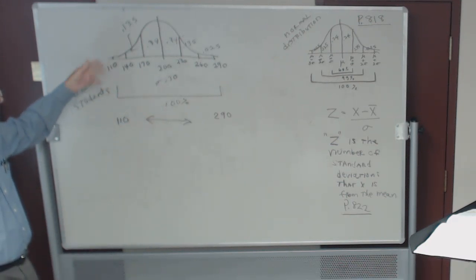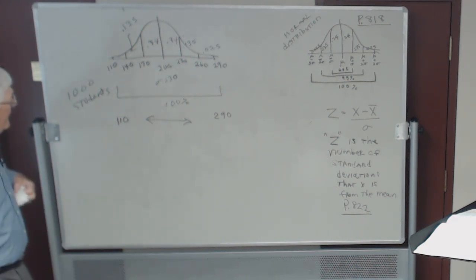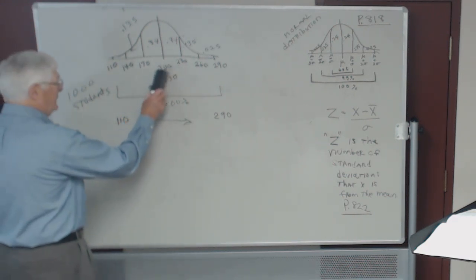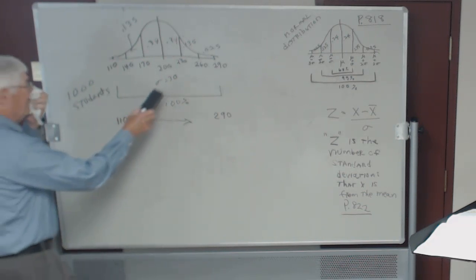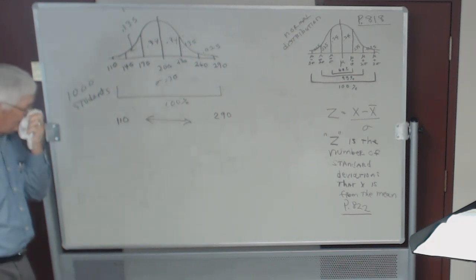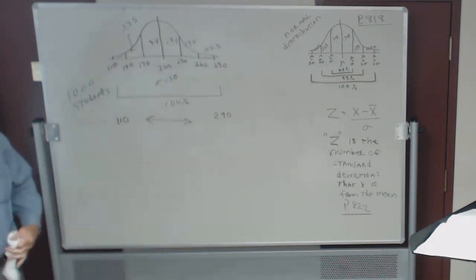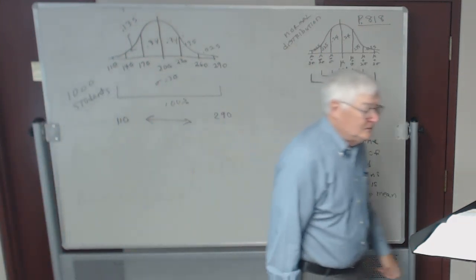The lowest score is 110. You go, how did you get that now? The mean was 200 and the standard deviation was 30. So I used that information to fill in my chart. You see that?